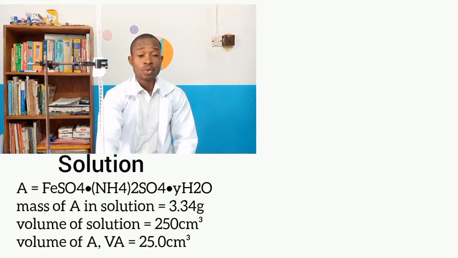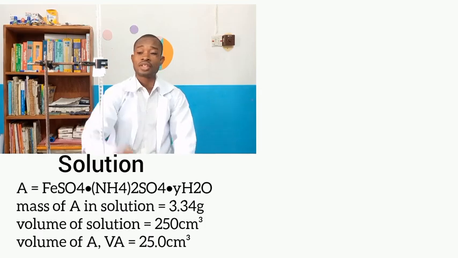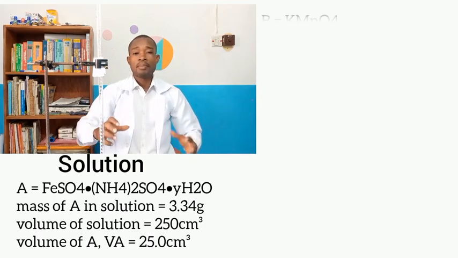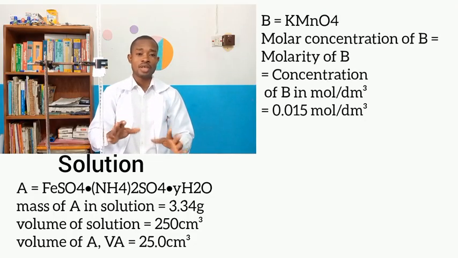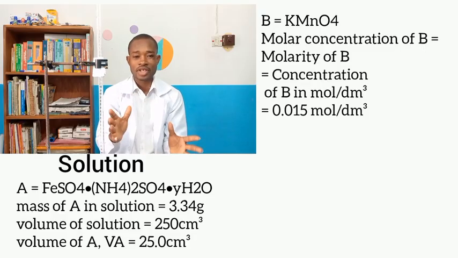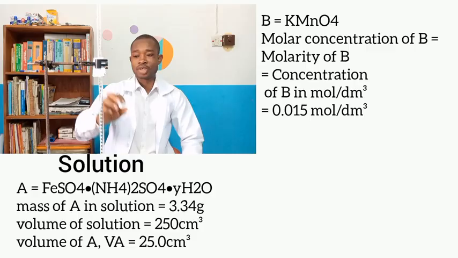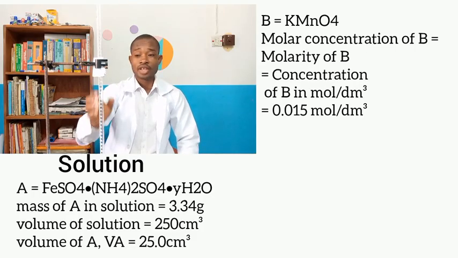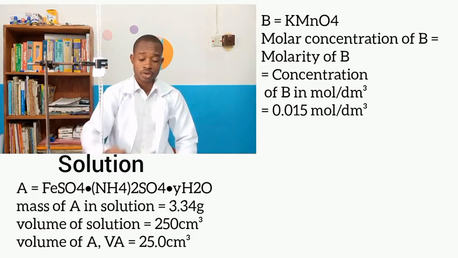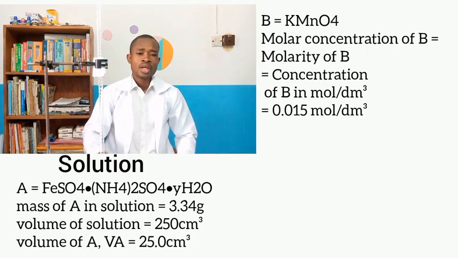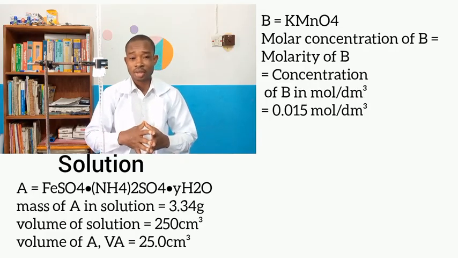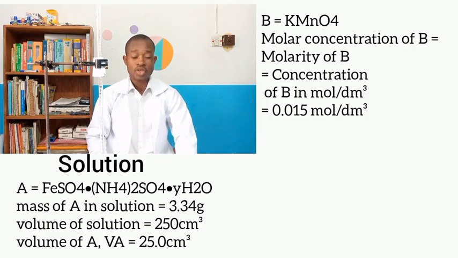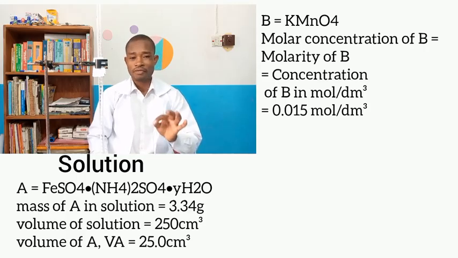And then moving on, we have the next solution, the titrant, potassium manganate 7. We refer to this solution as B. So once I make reference to B, please note that I'm talking about our titrant, the solution in the burette, potassium tetraoxomanganate 7. In the instruction, the molar concentration of potassium manganate 7 was 0.015 mol per dm cube.